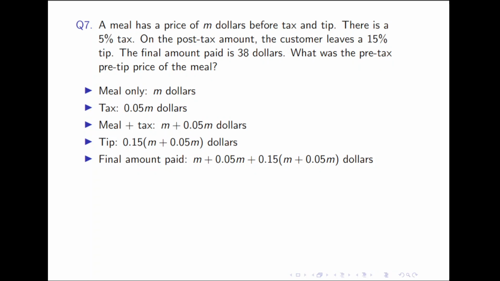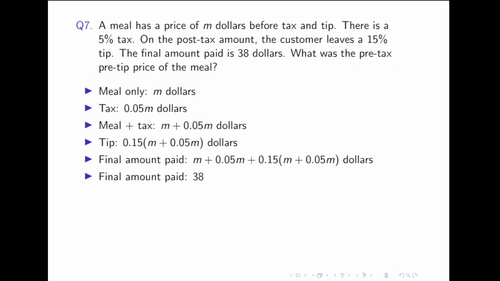So the final amount paid is M plus 0.05M plus 0.15 times the quantity M plus 0.05M. Question 7 tells us that the final amount paid is $38. Since we have two expressions for the final amount paid, set these equal to each other.